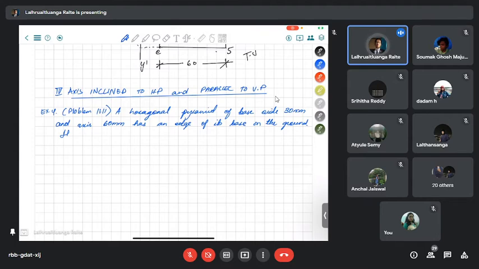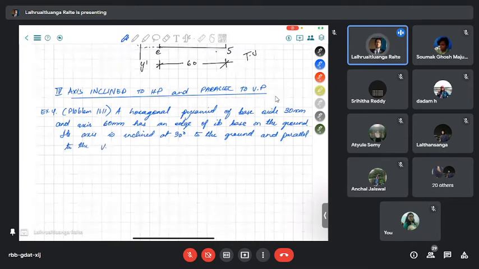Its axis is inclined at 30° to the ground. Ground here means profile plane, okay, and parallel to the VP. Draw its projections.